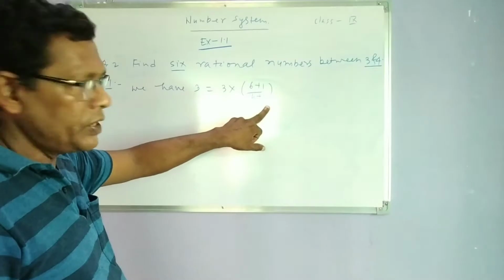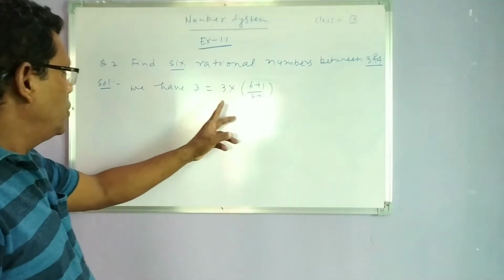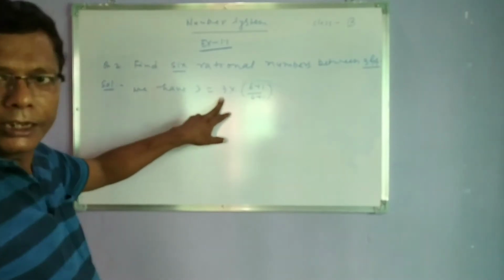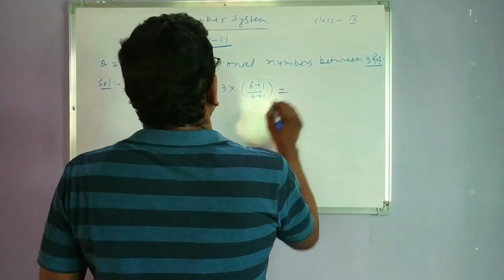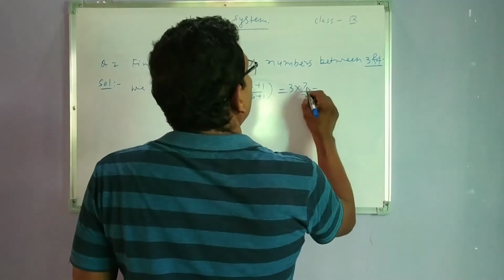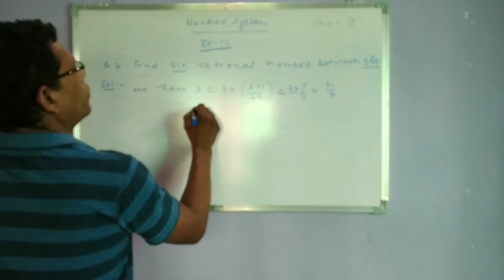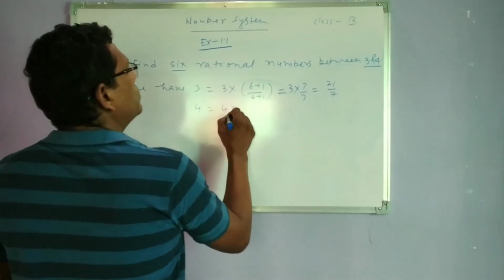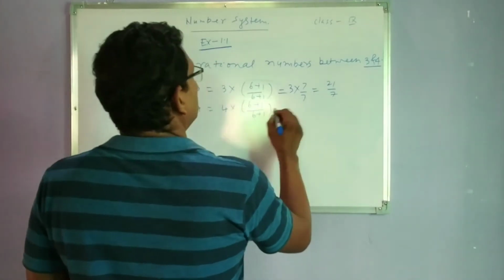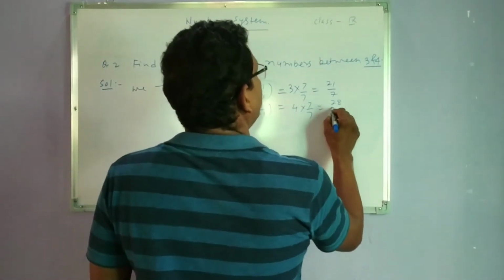If you multiply 3 by 7 by 7, there will be no change in the number 3. So 3 into 7 by 7, 3 sevens are 21, by 7. Now 4 equal to 4 into 6 plus 1 by 6 plus 1. So 4 into 7 by 7, that is 28 by 7.